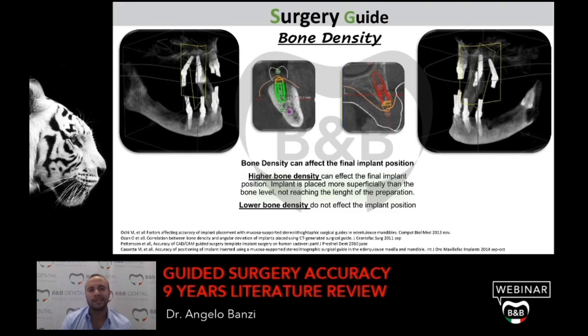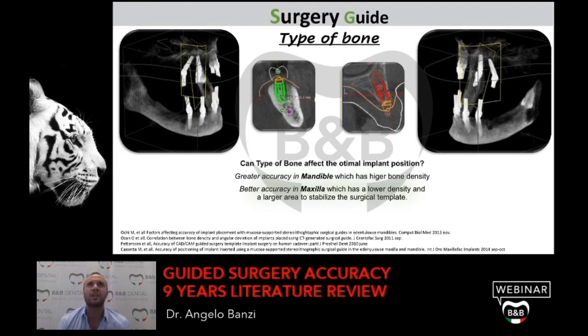But about this item, there is a little bit of confusion in the literature. If you check the type of bone, Ozan said that a better accuracy comes in the mandible. This is totally the opposite of what the previous author said. Yes, because for Ozan, the greater accuracy in the mandible is because of the high density of the bone.